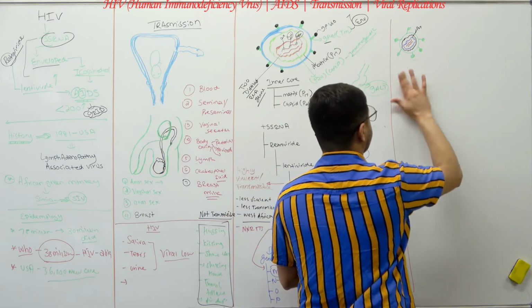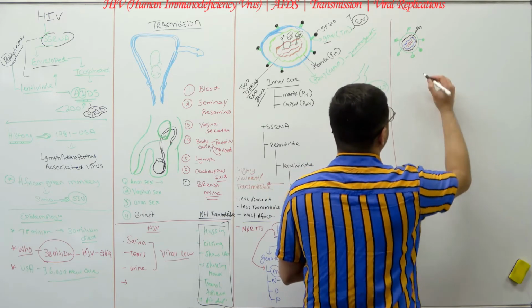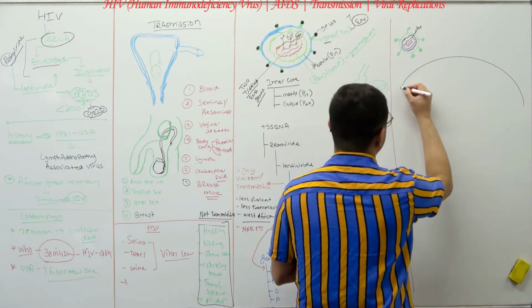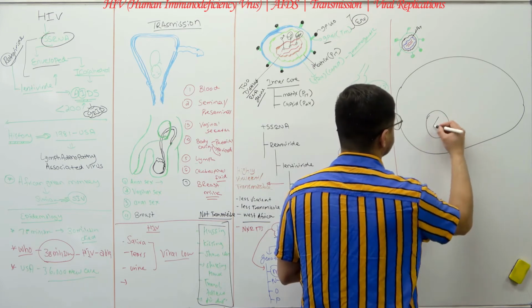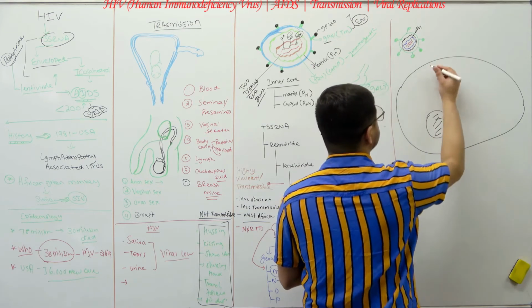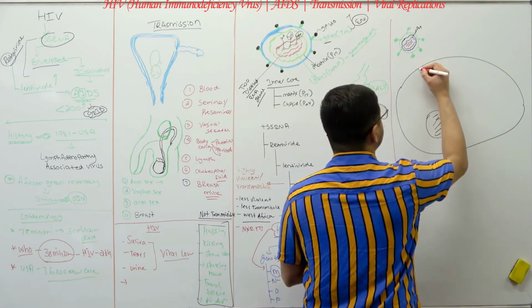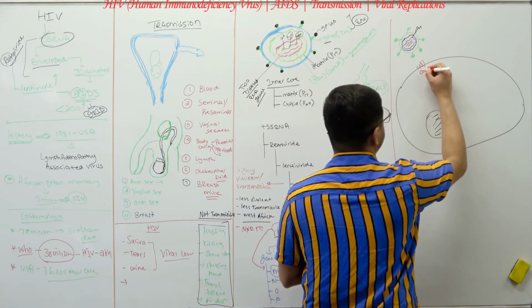Let me erase this, right? The reason why is, let's just make this a whole concept of a macrophage, okay, for our case. Now, this macrophage shows a receptor right here, okay? And remember, this receptor is basically your CD4 positive, right?